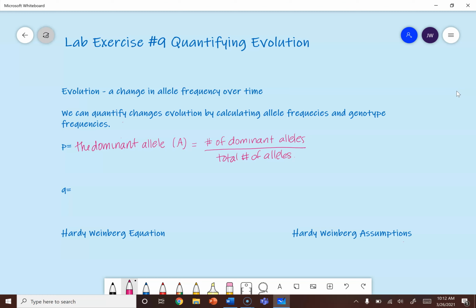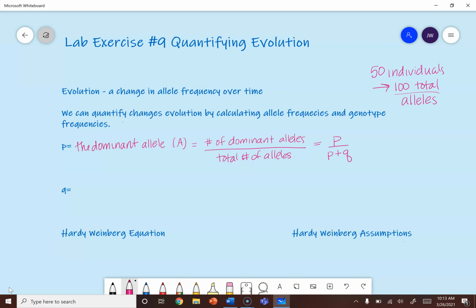Now keep in mind that each individual has 2 alleles. So let's say we have 50 individuals in our population. That means we have 100 total alleles. So another way to note the frequency of the p allele is to say p divided by p plus q.